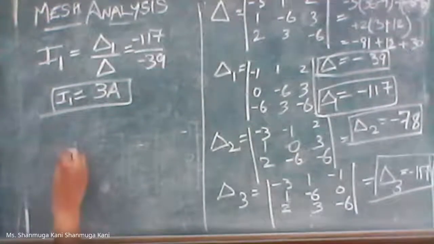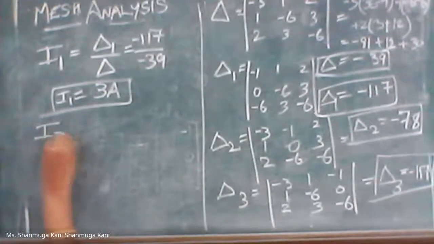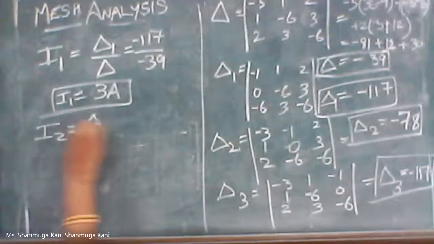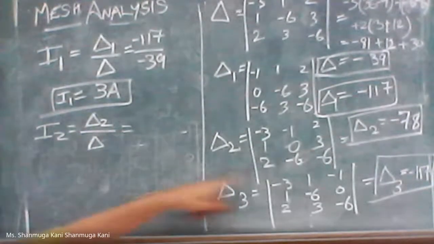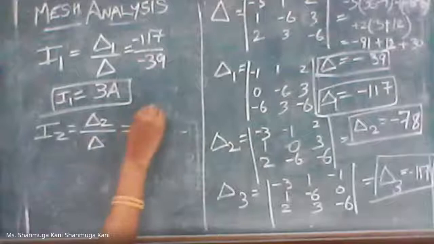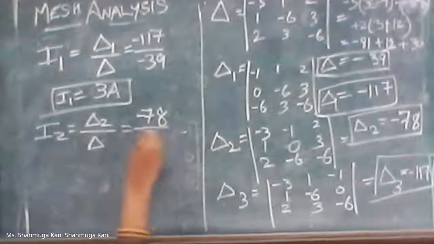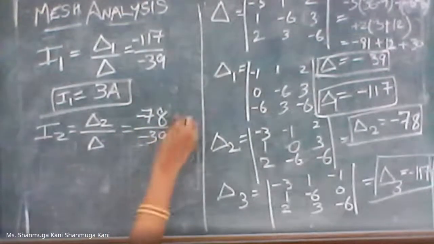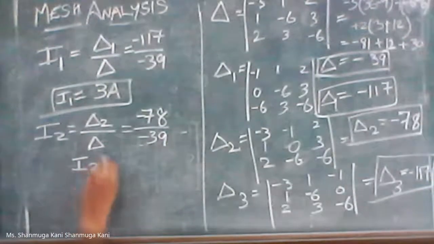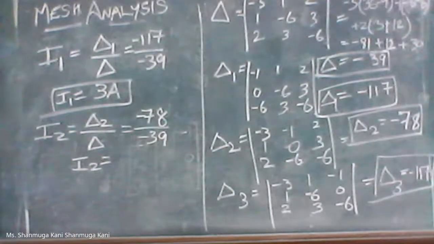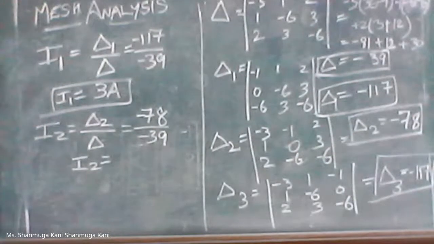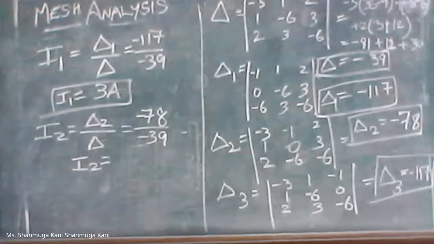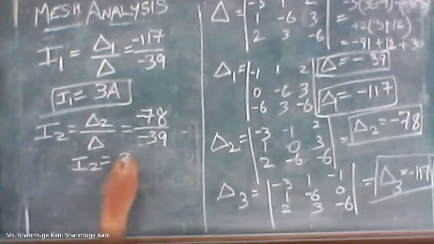Similarly, how will we write our I2 equation? I2 equals del 2 by del. What is your del 2? It is minus 78 by minus 39. Your I2 value will be equal to amps.